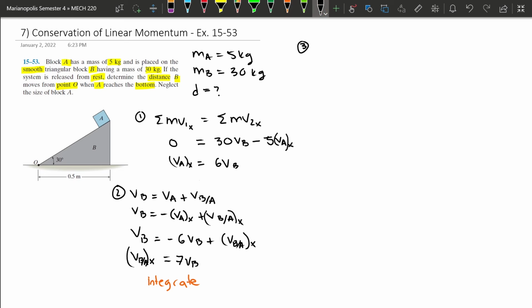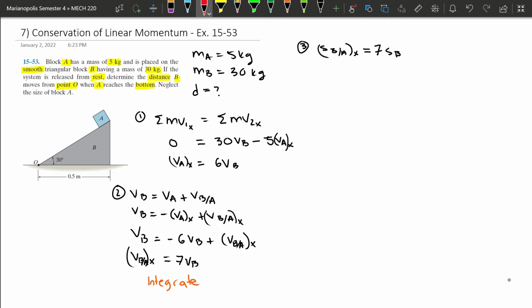I'll call this step 3. After you integrate, I get that sB with respect to A in the x direction is equal to 7sB. But this isn't enough to solve our problem because we're looking for sB, so we need to find out what sB with respect to A is.